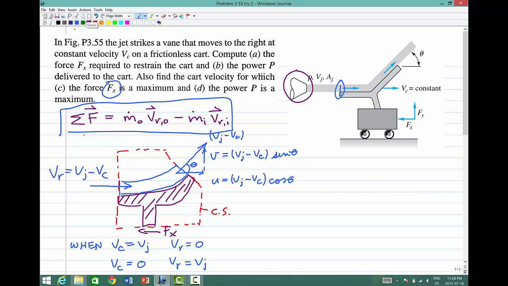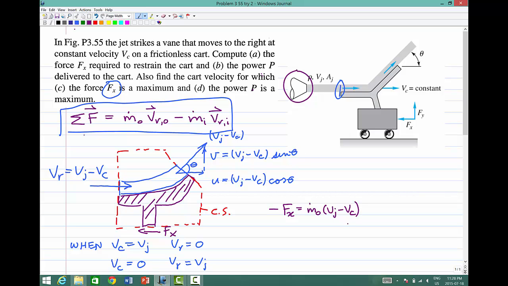Let me change my pen color. So what we're going to have is minus Fx equals m dot out times Vj minus Vc.